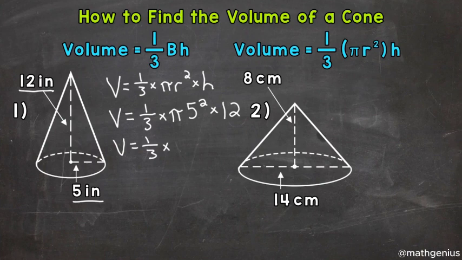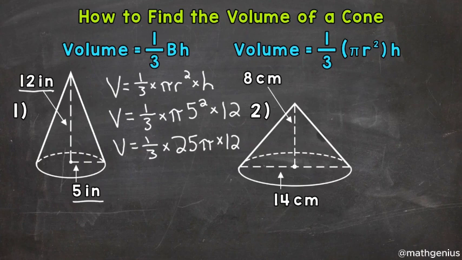That gives us 25 times pi, 25 pi, times 12. Now I put the 25 in front of the pi symbol because we simplified the area of the base and now we have it in terms of pi. And typically speaking, you'll put a number in front of pi when multiplying a number by pi.